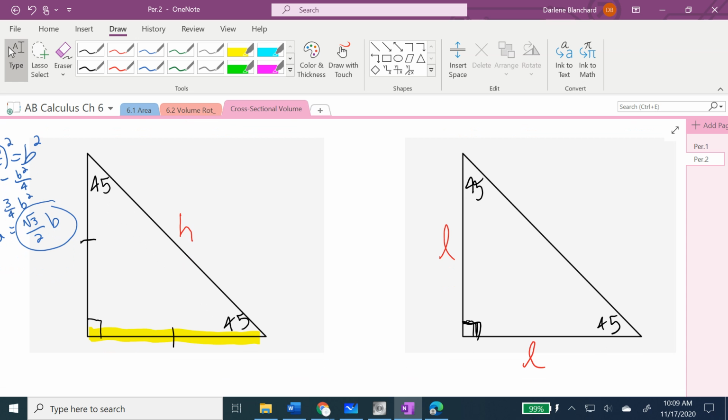You can say, all right, what if these are both length a? If you don't know the formula, you do know the Pythagorean theorem. And then you can just go, all right, a squared plus a squared equals h squared.